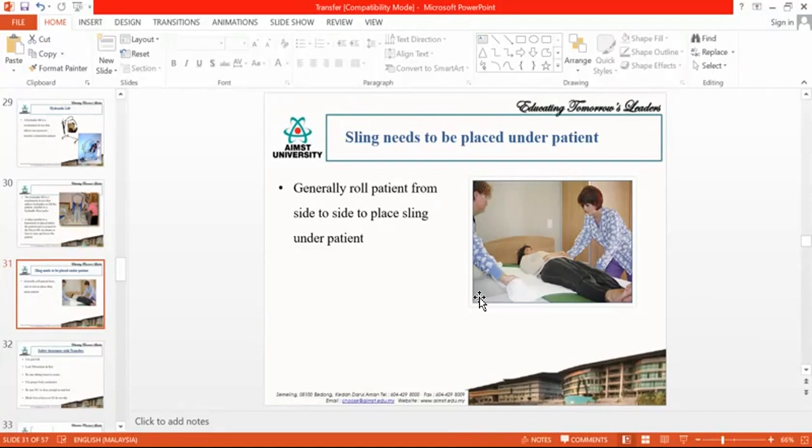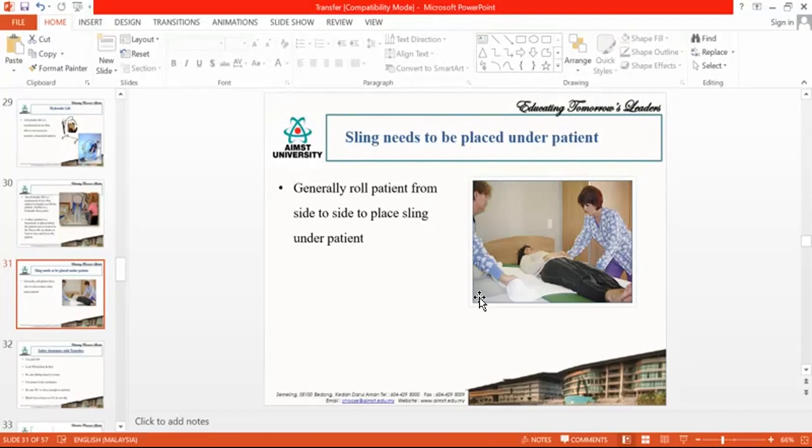In dependent transfer, you need to see whether, as you will be doing the transfer, the patient will be depending on another person or on equipment. Depending on the need, it can be either a person or equipment. Initially, the patient always needs a person to help.